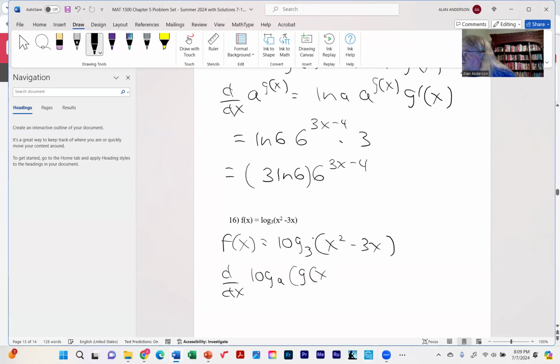All right, what's going on here? So they want us to use logarithmic differentiation. Okay, so now the rule that we need here.